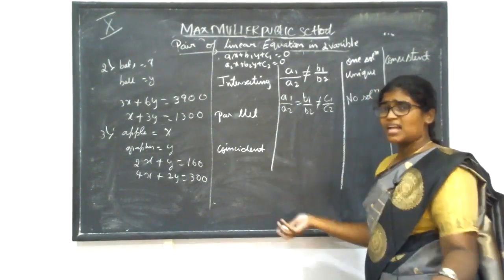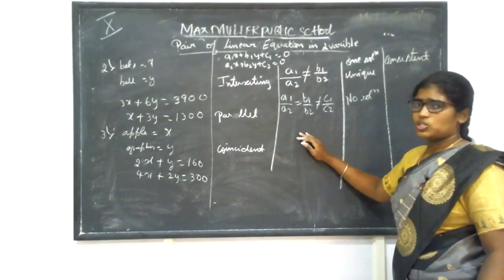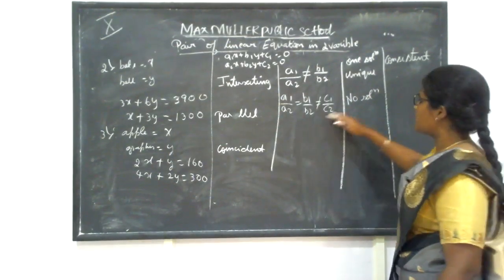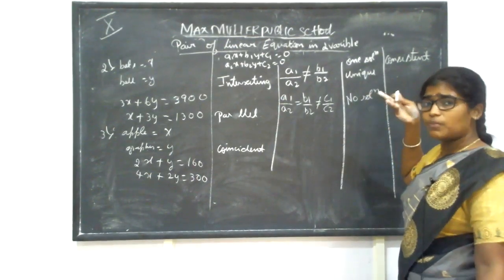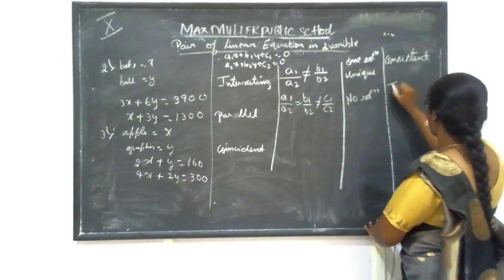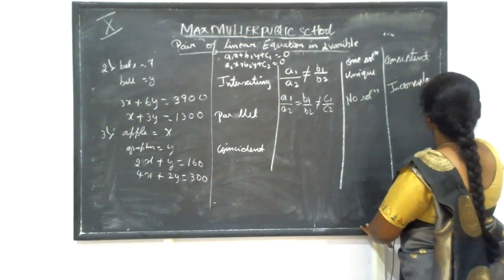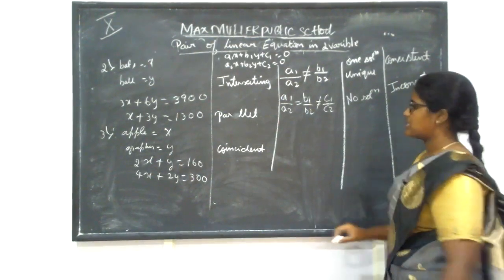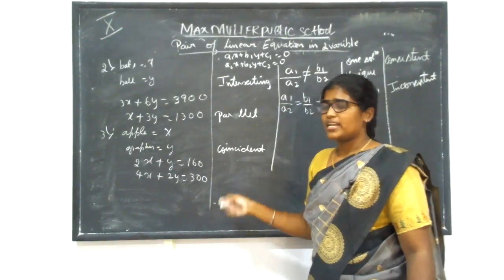You won't get any answer, so where will the solution come from? So the parallel line does not have any solution. If it does not have any solution, for consistent, what is the opposite word? It is inconsistent.